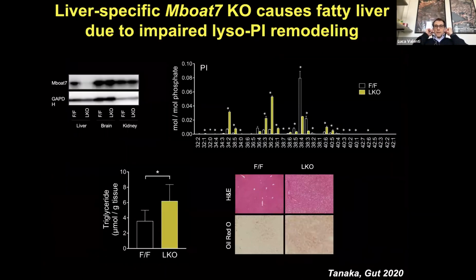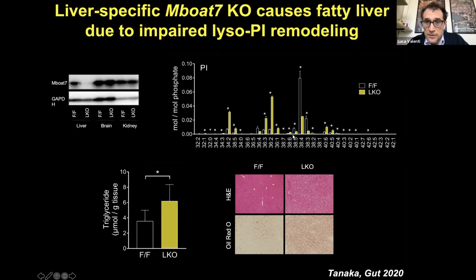Actually, this was confirmed by independent groups, for example, in this paper by a Japanese group, showing that the liver-specific Ambos7 knockout causes fatty liver disease by, again, impairing lysophosphatidylinositol remodeling.